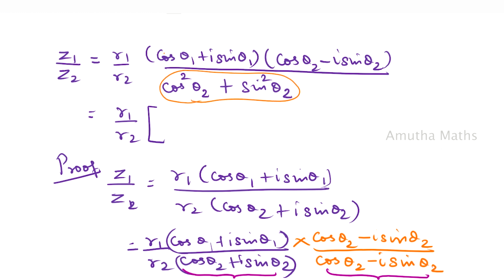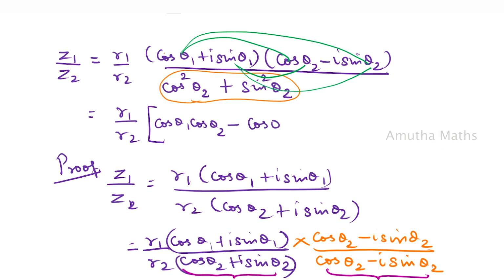Now you multiply the numerators. So cos theta 1 cos theta 2, then cos theta 1 into minus I sin theta 2, then I sin theta 1 into cos theta 2, then I sin theta 1 into minus I sin theta 2. So what will you get? Cos theta 1 cos theta 2 minus I cos theta 1 sin theta 2.